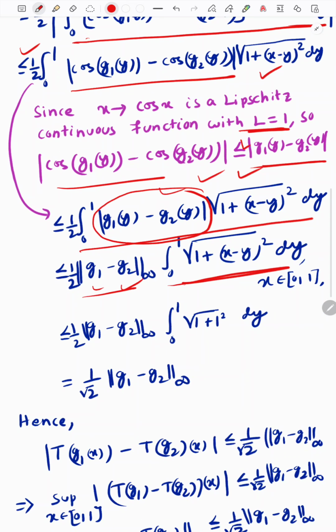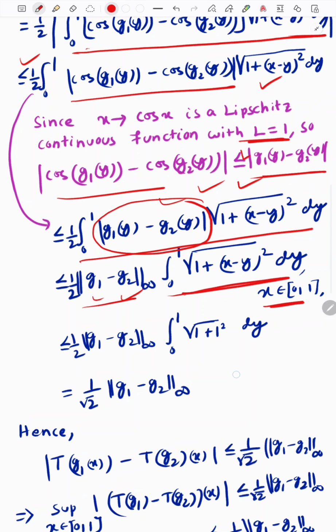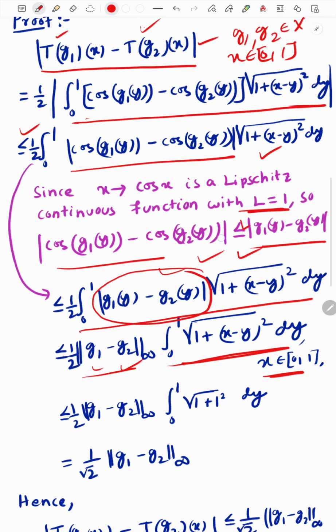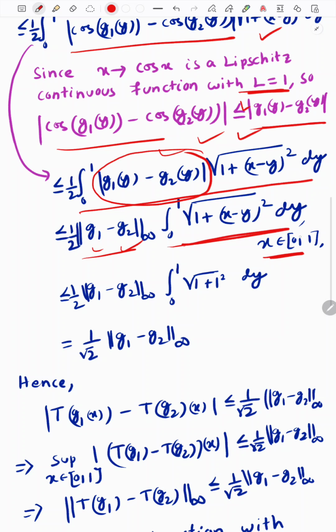Then observe that here x and y, because initially x belongs to the closed interval [0, 1], I forgot to mention that here we are taking x in the domain [0, 1]. Our x lies in [0, 1], and y is also varying in [0, 1], so their difference gives the highest value of 1, since x and y are both non-negative and lie in [0, 1].